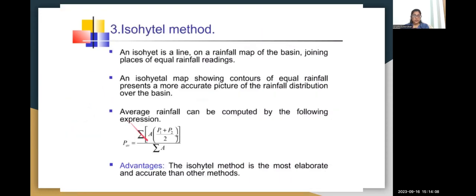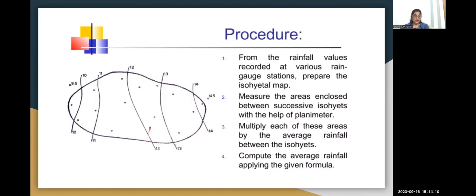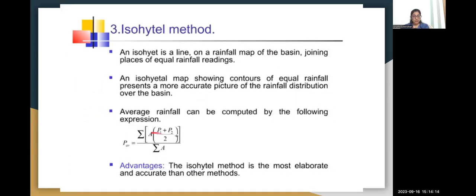So P1 plus P2 by 2 into the area corresponding to these two isohyets, and the sum of all of that divided by the total sum of the area will give us the average rainfall. So these are the three major methods in which mean rainfall or average rainfall is found out.